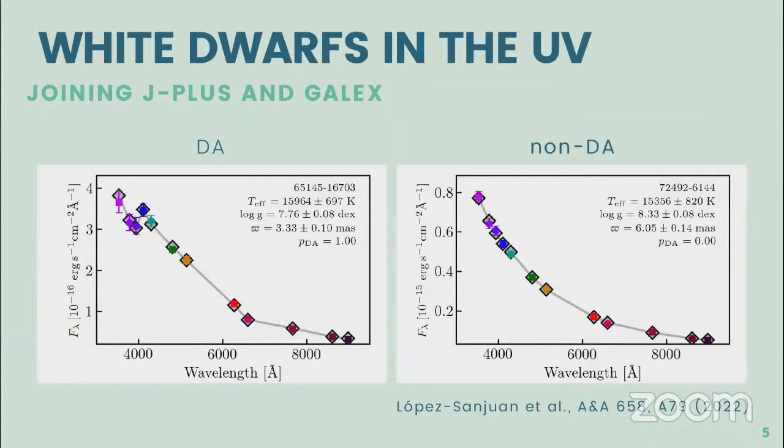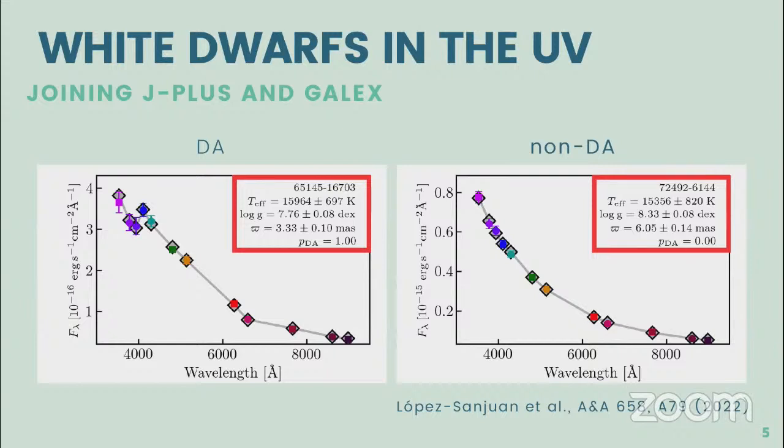So for the first part of the project, white dwarfs in the ultraviolet, we started from the work that Carolina did, in which they studied the spectral evolution of white dwarfs. The idea was to fit models for DA and non-DA stars and obtain these parameters: the temperature, the gravity, the parallax that came from Gaia, and the probability of each source to be a DA.